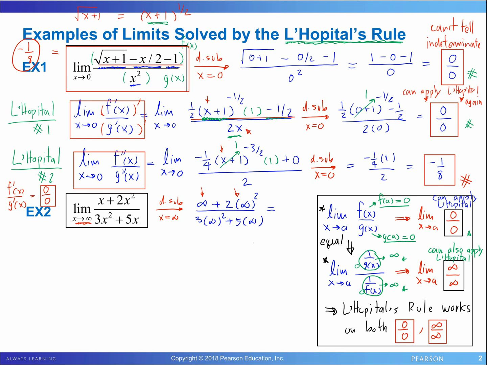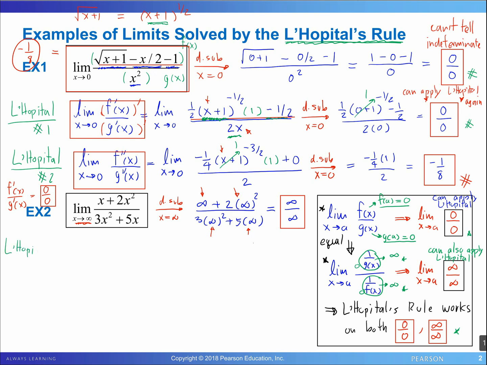So up here we have infinity, divided by, and down here we have a really large number squared plus another large number, of course, which is going to go to infinity down here. And now we have this indeterminate form, infinity divided by infinity. But as we can see from the right hand side, we can apply L'Hopital's rule here. So let's do that down here.